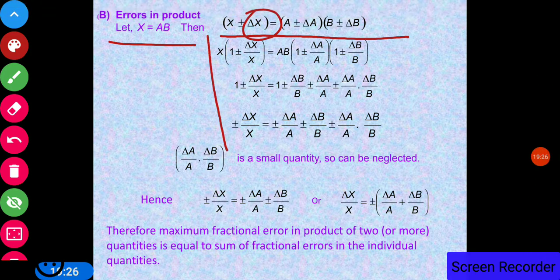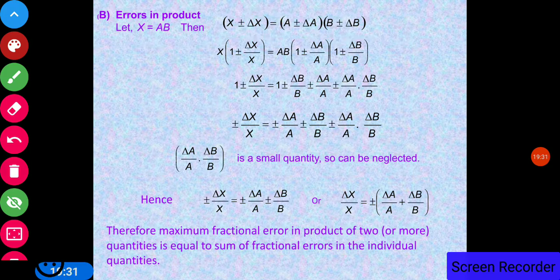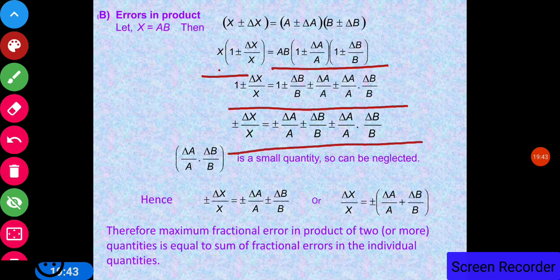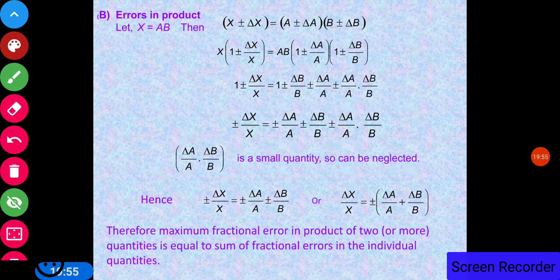If we follow these steps, we take x common here, similarly ab common here, x and ab will cancel out, then this expression reduces to this one, then again 1 and 1 cancel out and the expression reduces to this one. Then since del a upon a and del b upon b are small quantities, their product can be neglected, and the result we get is del x upon x is equal to del a upon a plus minus del b upon b.